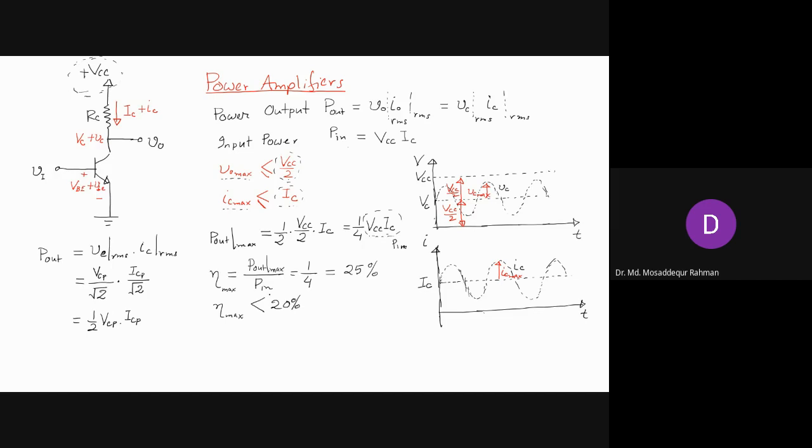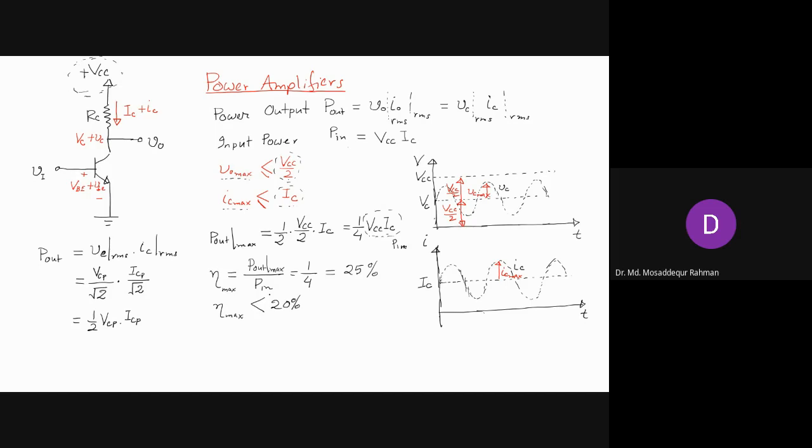That is not delivered to the load, and it is dissipated as heat in the circuit. Is that clear, guys? Any question? Yes, sir.